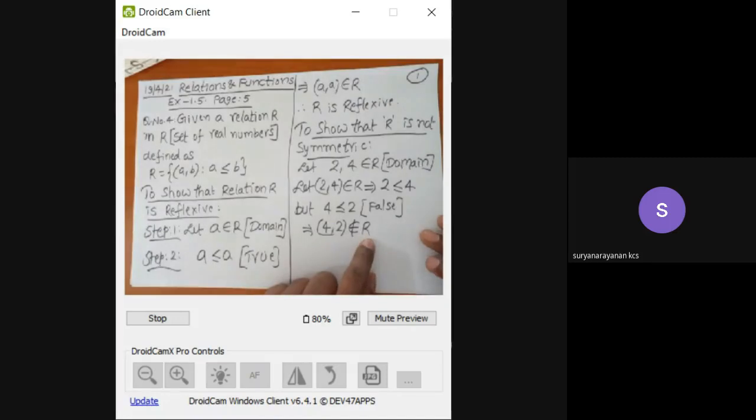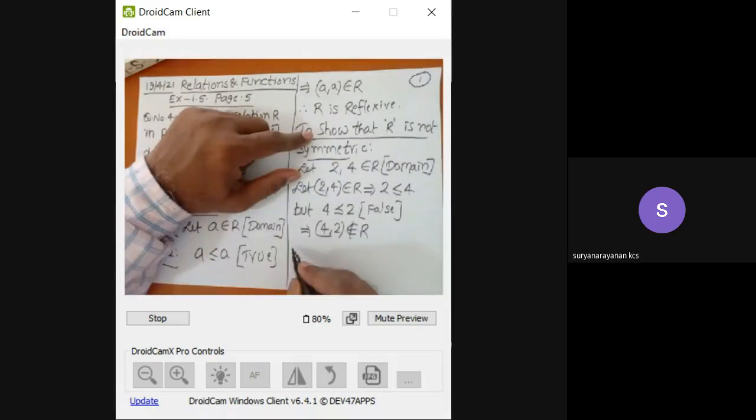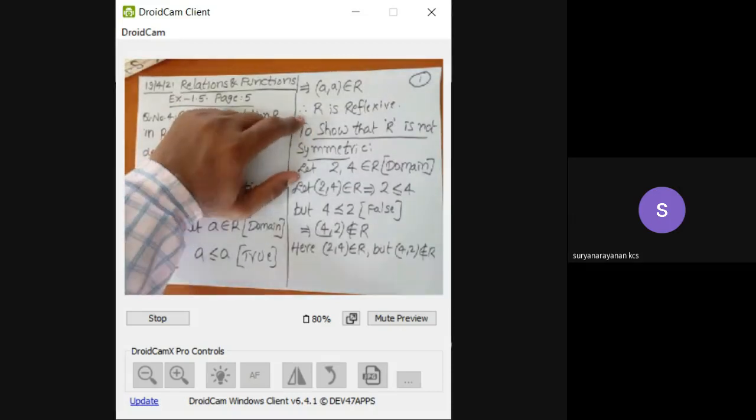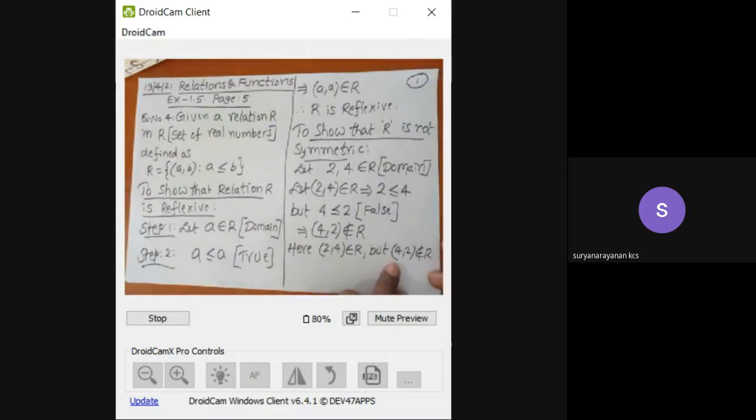Got this point, my children? Yes, sir. Therefore, what can you say here? Ordered pair 2 comma 4 belongs to R, but ordered pair 4 comma 2 does not belong to R. We have taken one ordered pair 2 comma 4, but its reverse ordered pair is not in the relation R. Then what can you say about this relation?